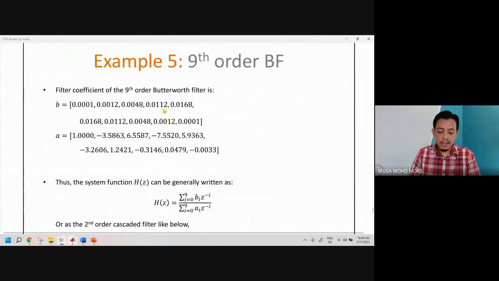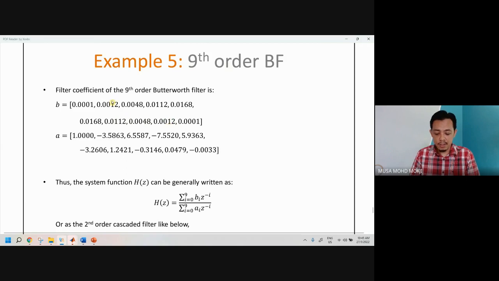And of course, I'm doing this using MATLAB because for the ninth order, you will have 10 coefficient values for B and A. Of course, in the test and exam, you won't be asked about the ninth order. So I'm doing this using MATLAB.